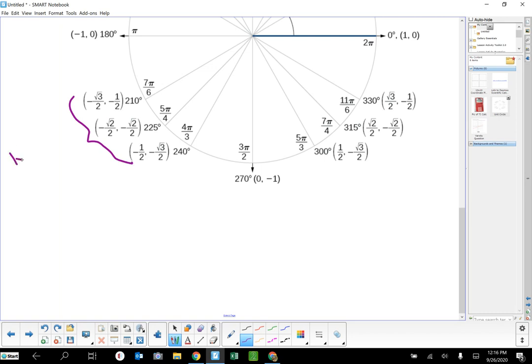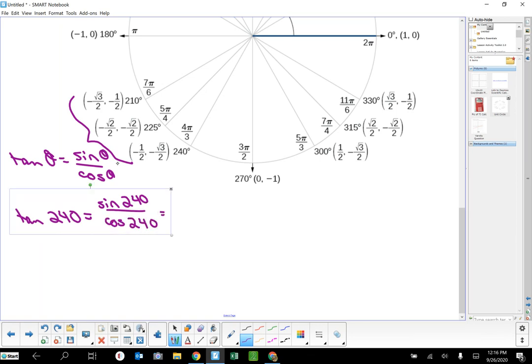Remember that tangent is sine over cosine, right? So if I want the tangent of 240, I can take the sine of 240 over the cosine of 240. And I know the sine of 240 is rad 3 over 2. It's negative.